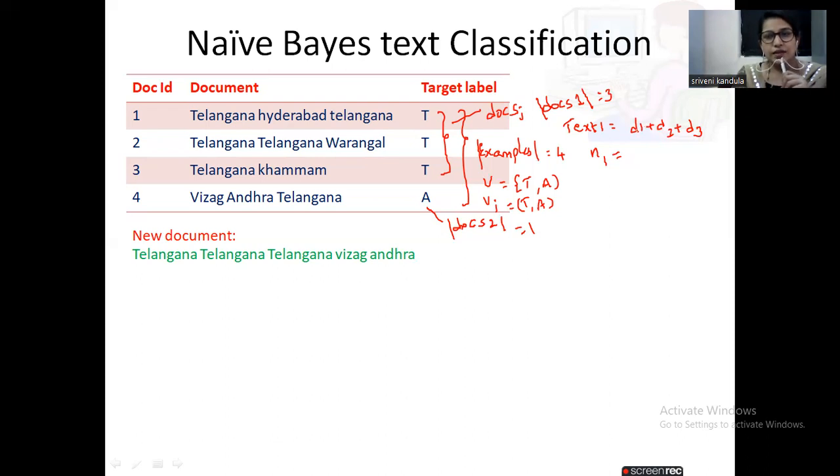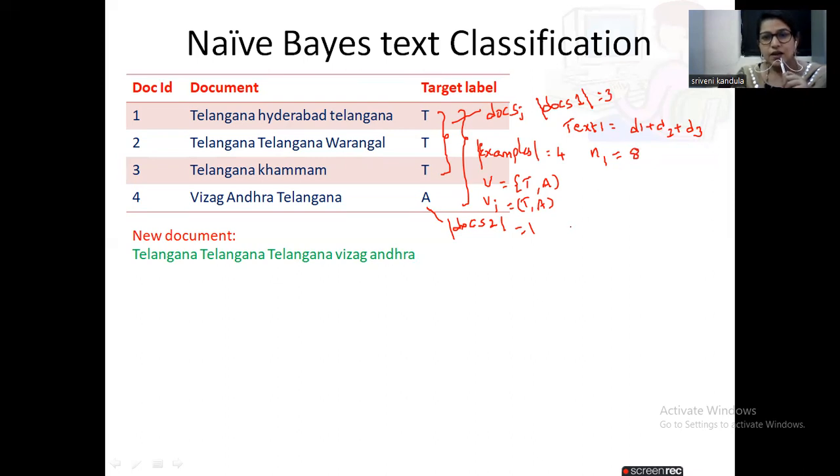We have to collect all the tokens together in all these documents. How many words do we have? Let us just count it: 1, 2, 3, 4, 5, 6, 7, and 8. So n1, the number of words, or tokens, that we have in text 1, is 8.